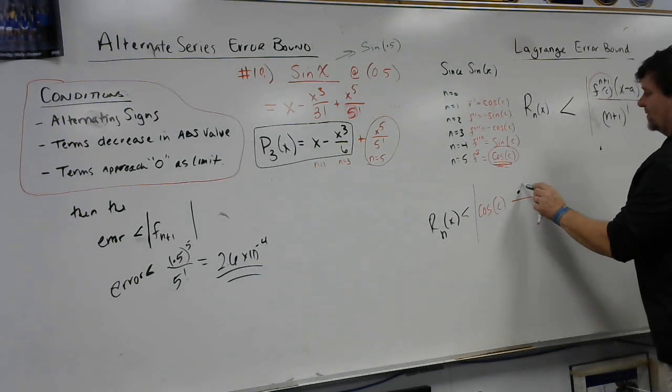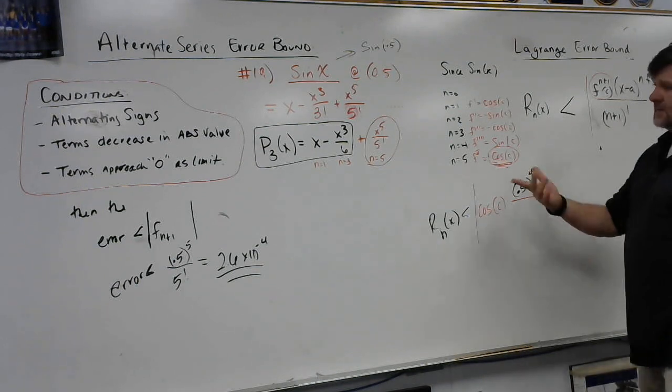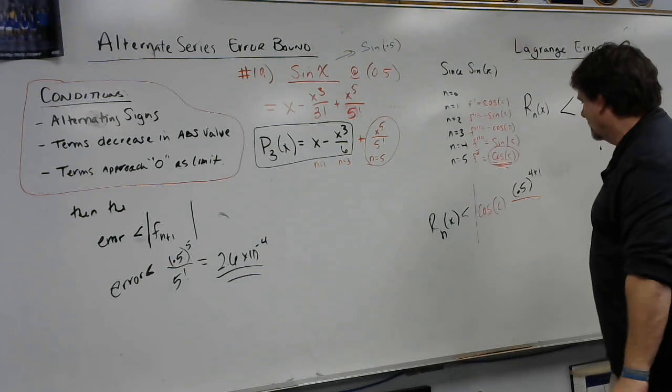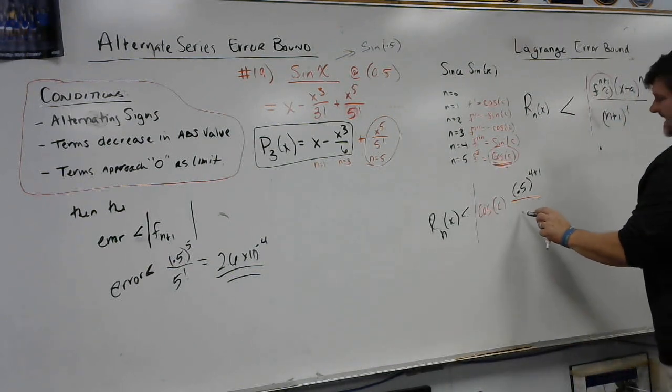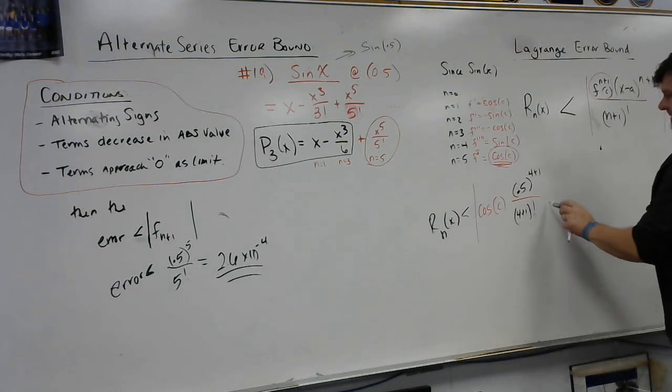So this is still going to be 0.5 to the n plus 1, which is 4 plus 1, right? Because the fourth term is the same as this one, so we got to go one more. And then we got 4 plus 1 factorial.